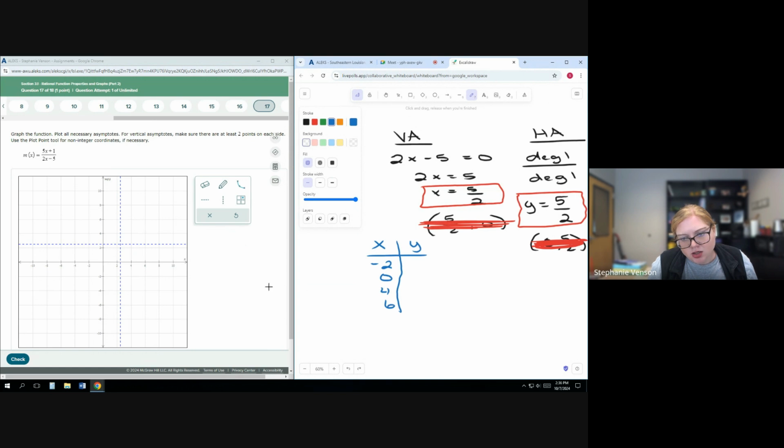Okay. To get those correct points, I need to plug them into the calculator, which you'll need to, of course, use the TI-30 XII, which is required for this course. Let's take -2 and plug it into the function. I have 5 times -2 plus 1 over 2 times -2 minus 5, and I got 1.